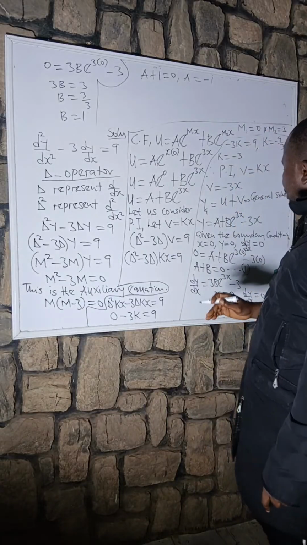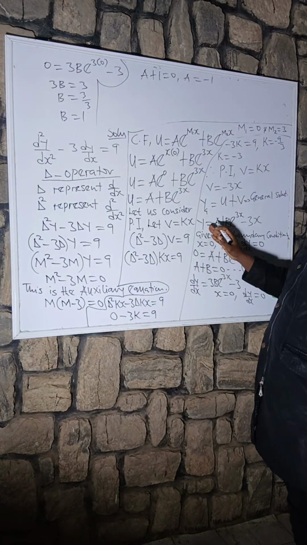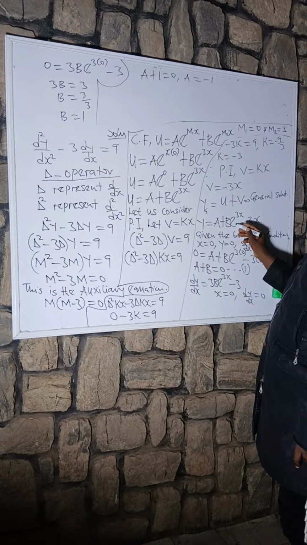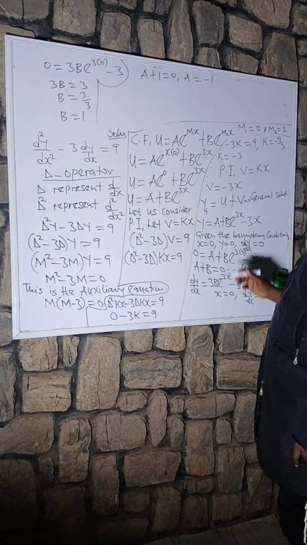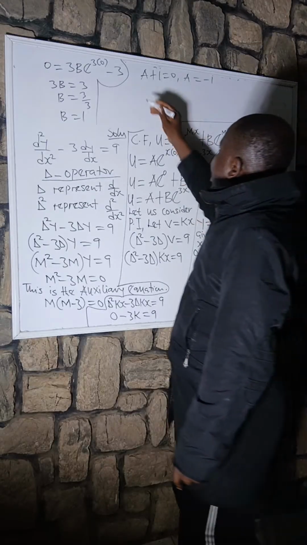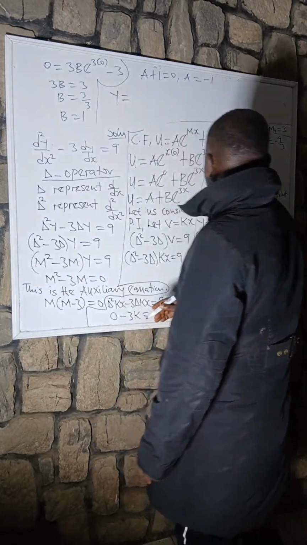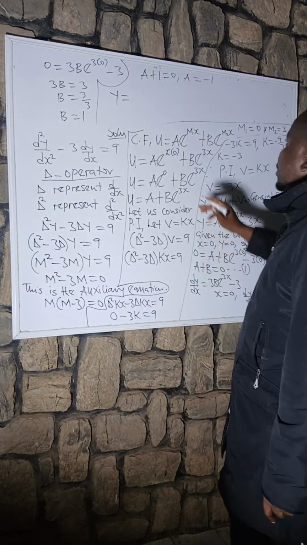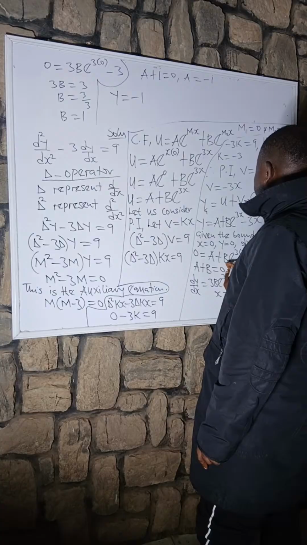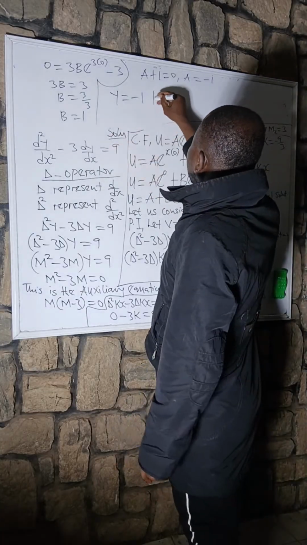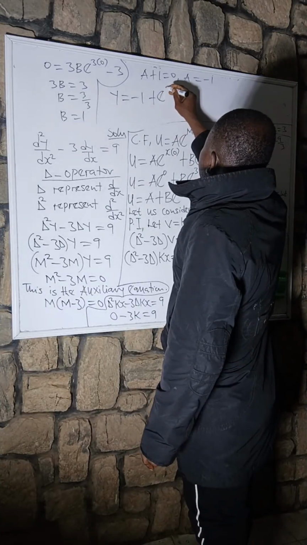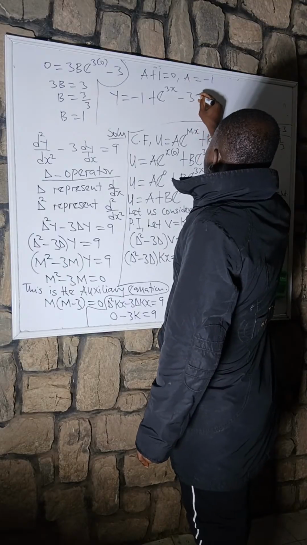Can you see now? Let us come back to our general solution, which is y equals a plus b exponential 3x minus 3x. So our y is equal to a, which is minus 1, then plus b, which is 1, so 1 times exponential 3x, the same thing as exponential 3x minus 3x.